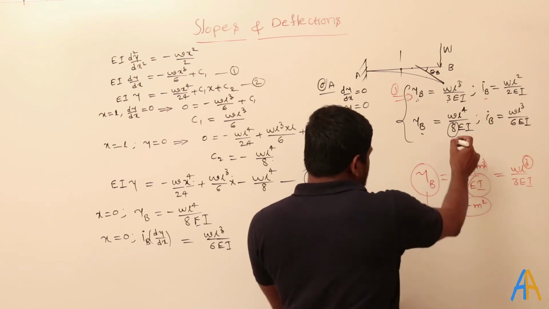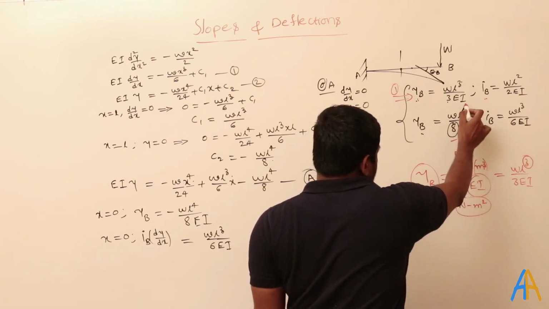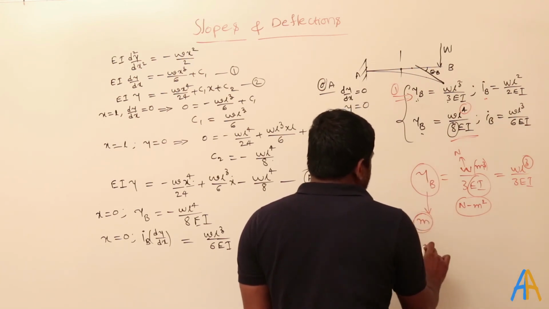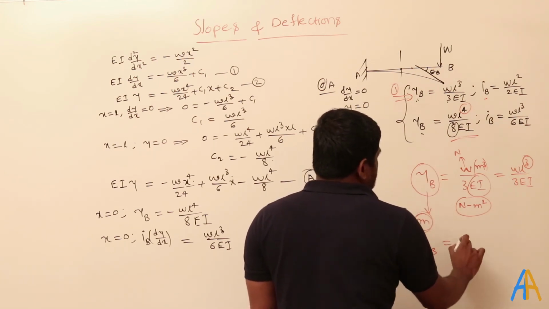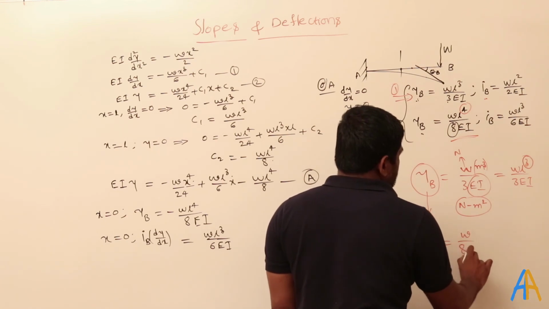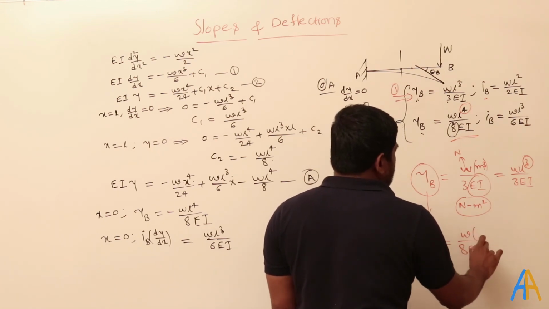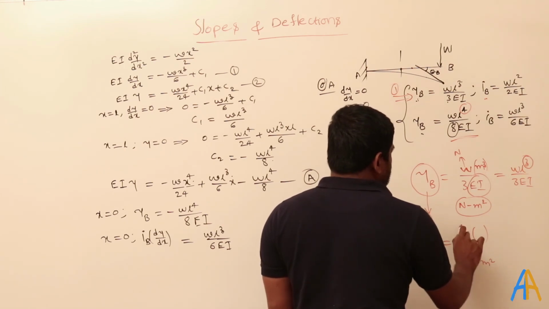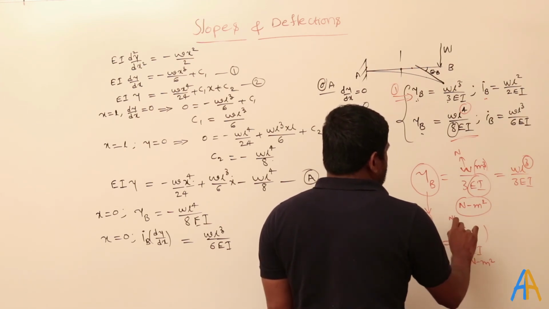In the same way here, you don't remember whether it is a cube or a 4. So for the second case, yB equals how much? yB equals small w divided by 8EI, you remembered. And here the L value, how much? This is Newton meter square, and this is Newton per meter.